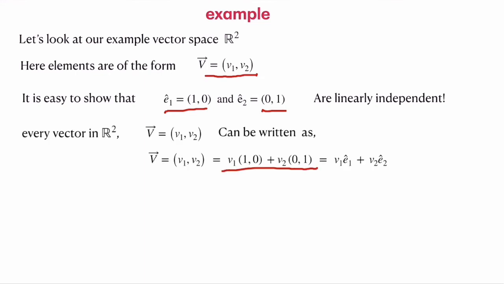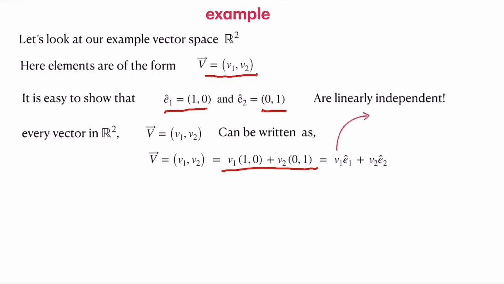Every element of R2, which is given as a two-tuple V1 and V2, can be written as V1 times (1, 0) plus V2 times (0, 1), or V1 times E1 plus V2 times E2.